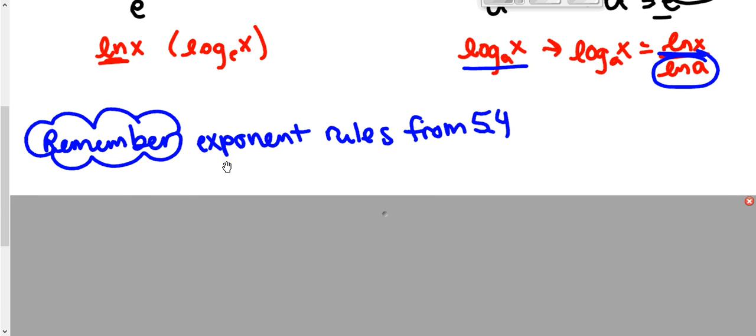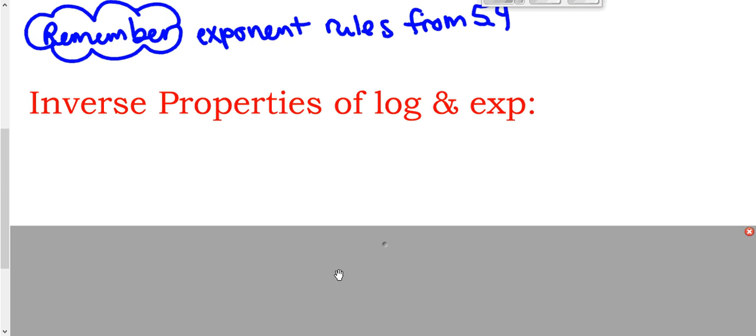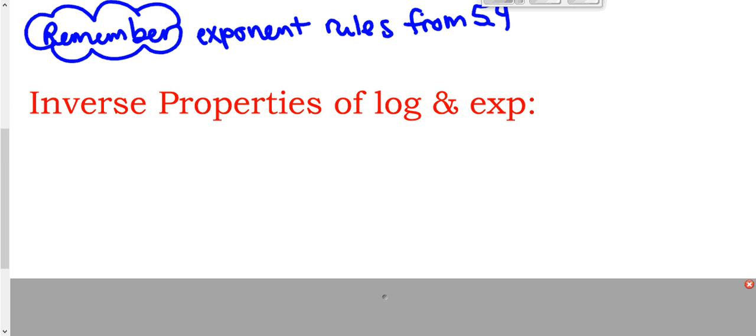The other thing that we need to remember is the properties of our inverse log and exponential. So we did talk about this at the beginning of the last section, that our logarithms and exponentials are opposites of each other. So even when we have different bases, that idea still applies. So what I mean by that is if we have the logarithm base a of a to the x, that log base a of a kind of just cancel out.